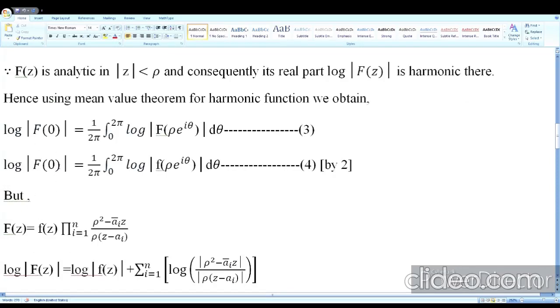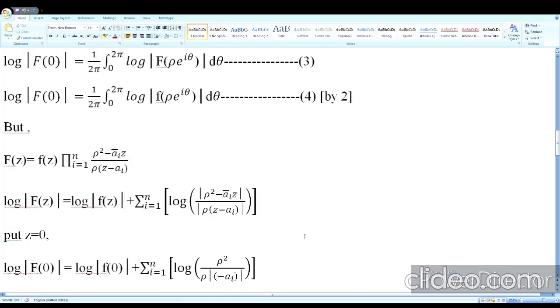Now we are going to find log|f(0)|. So consider again capital F(z), which is f(z) ∏ (i from 1 to n) (ρ² − āi z)/(ρ(z − ai)). Take modulus and log. So I'll get log|F(z)| = log|f(z)|, and since we have a product, we will get a plus sign when we take log, as log AB is log A plus log B. So applying that, this product becomes Σ (i from 1 to n) log of (ρ² − āi z)/(ρ(z − ai)).